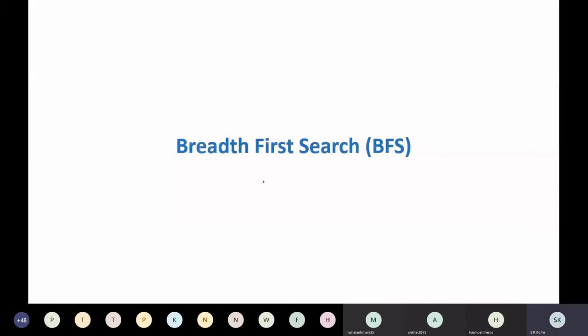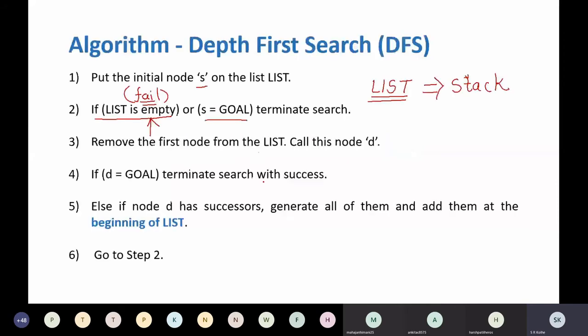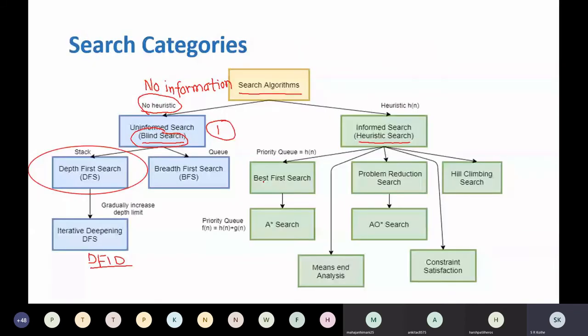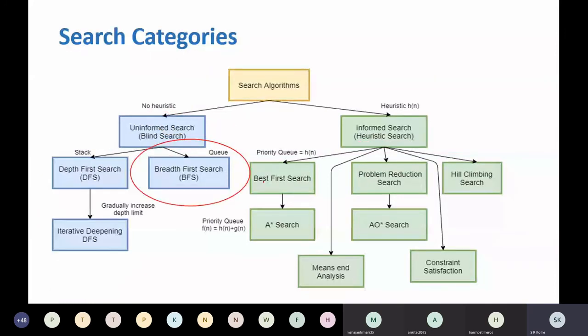So after depth first search, another category of uninformed search technique is the breadth first search algorithm. DFS is one variation where we have used a stack.